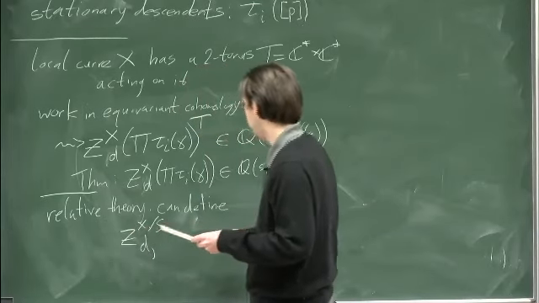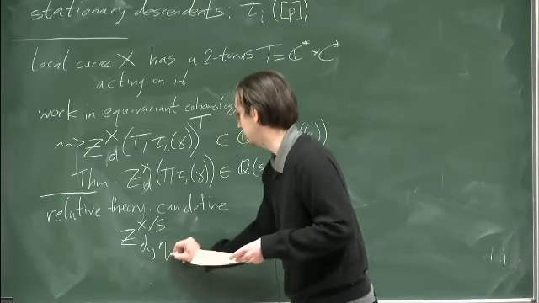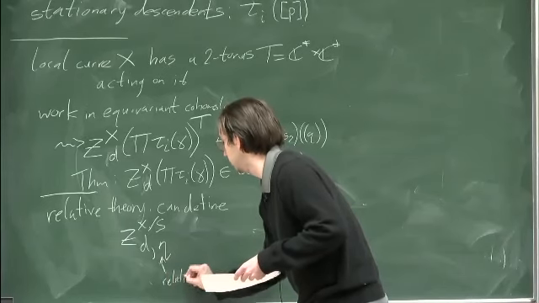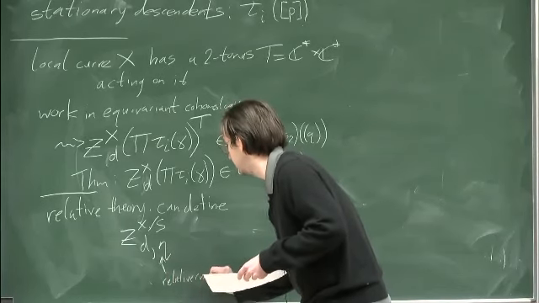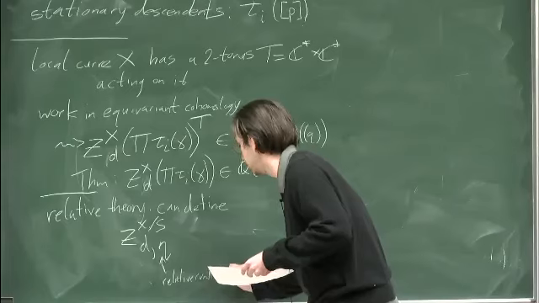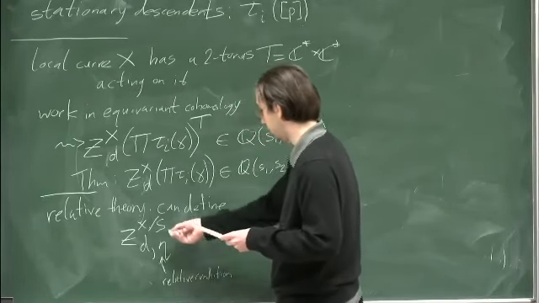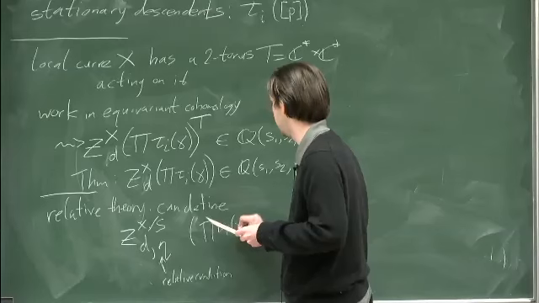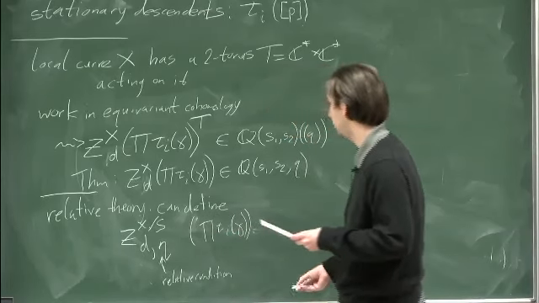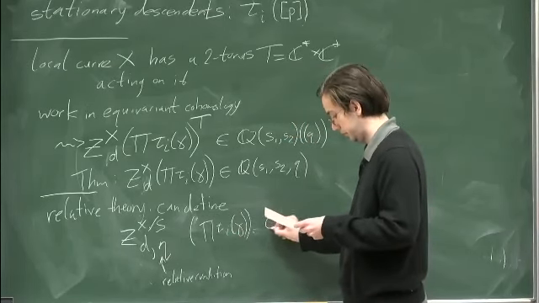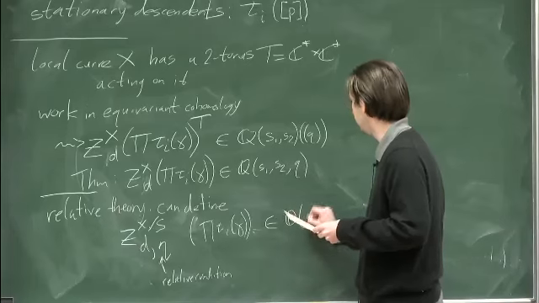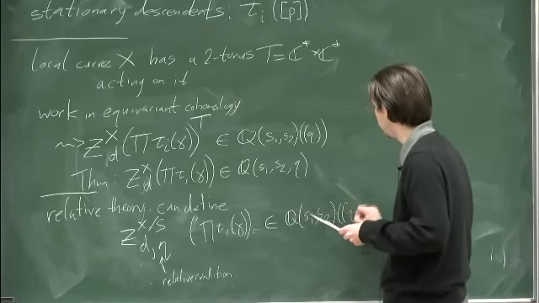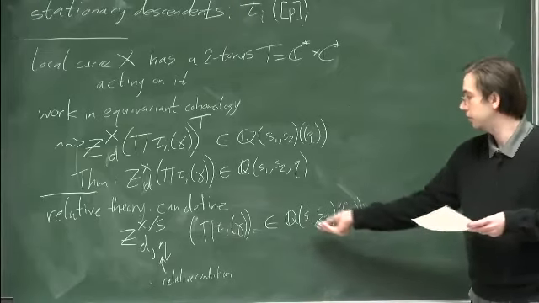So here, like I said, you have to put in some relative condition along S. And we still have this is a Laurent series in q with coefficients in s1, s2.